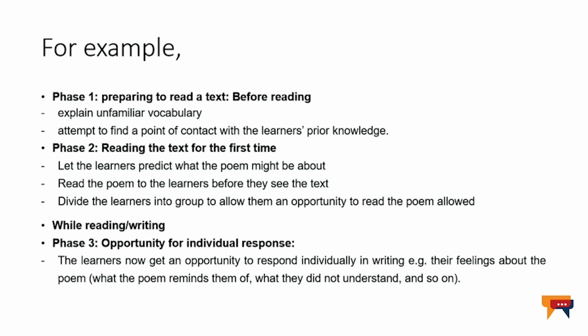Phase 2, that's reading the text for the first time. Let the learners predict what the poem might be about. Read the poem to the learners before they see the text. Divide the learners into groups to allow them an opportunity to read the poem aloud.